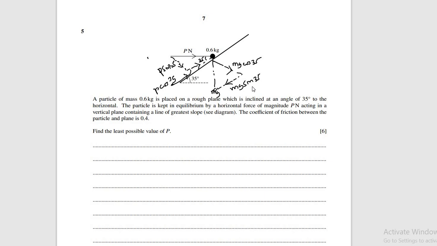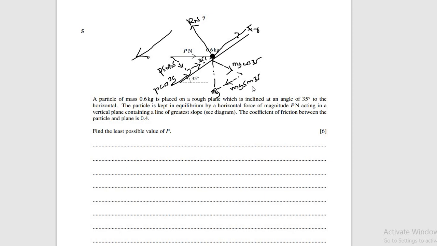Now, since the particle is going down the inclined plane like this, the frictional force will oppose it. Frictional force always opposes motion. It goes in that way. And remember at the same time that the normal reaction is like this.